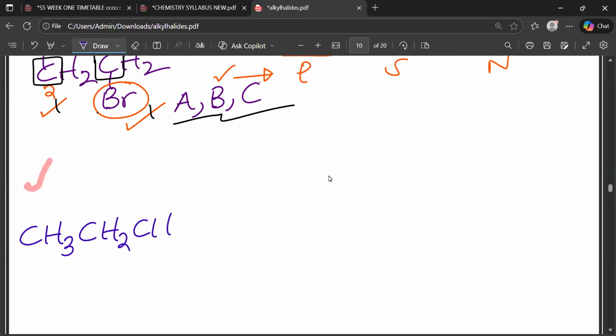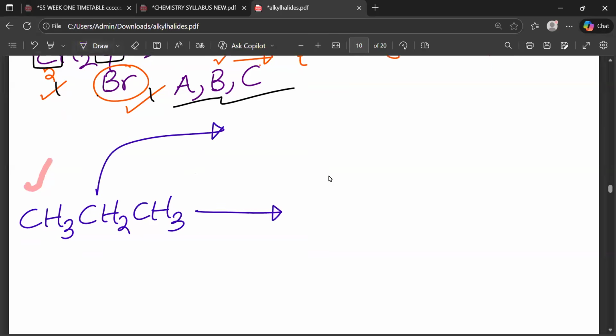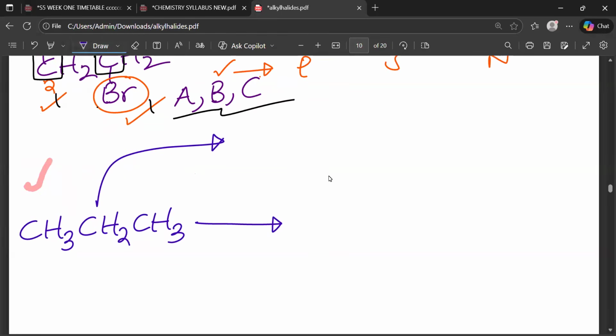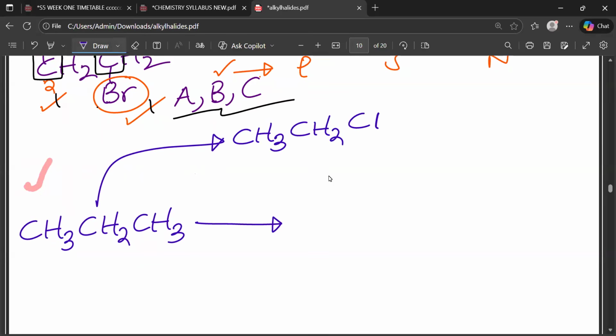Yes. So we can have replacements at the end. There are 3 hydrogens, so we can replace 2 of them and remain with 1 hydrogen. So this is H.